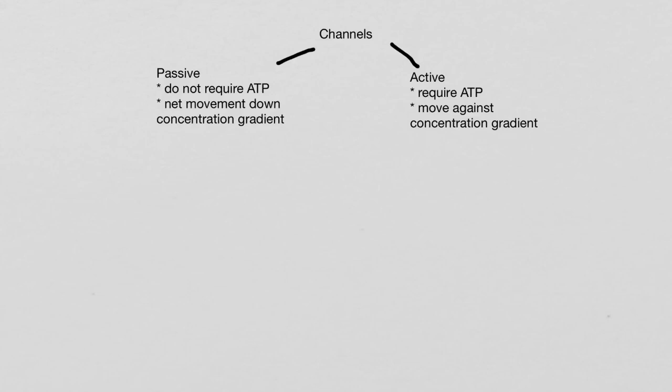So overall, ions are going to move from high concentration to low concentration with passive channels. And in active channels, ions can move against the concentration gradient from a lower concentration to a higher concentration. So a good example of an active channel is the sodium-potassium pump.